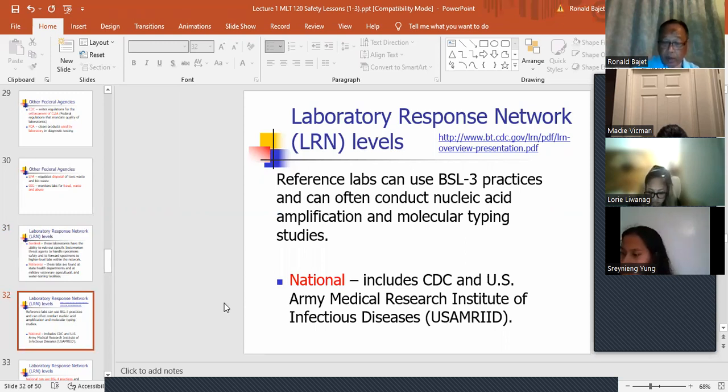This is the one where that definitely is anthrax, and they're going to investigate where did the anthrax come from, who planted it there, what country, if it's an international issue. The national level of the laboratory response network is the highest, okay?